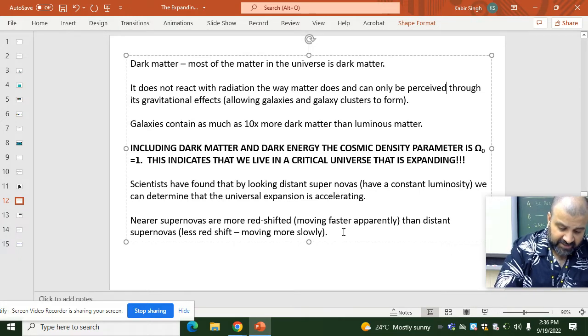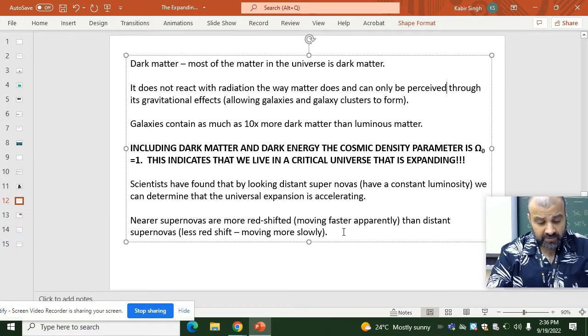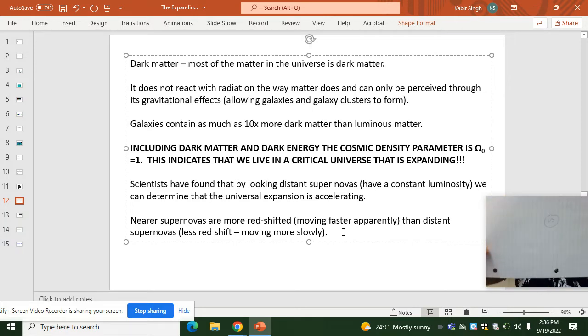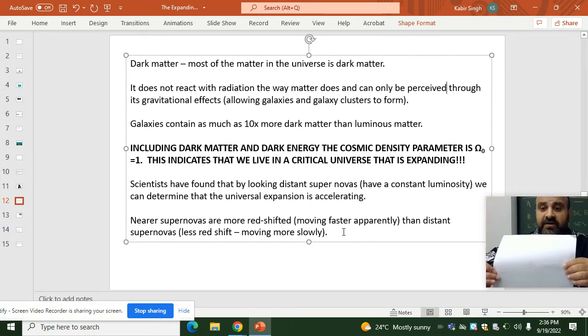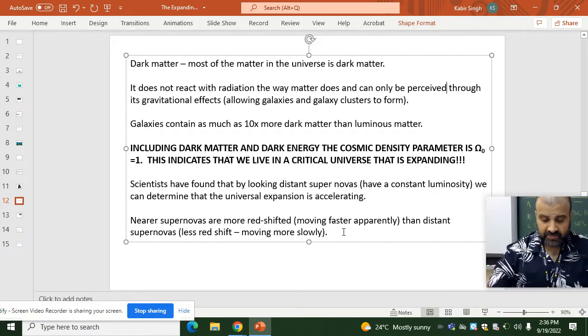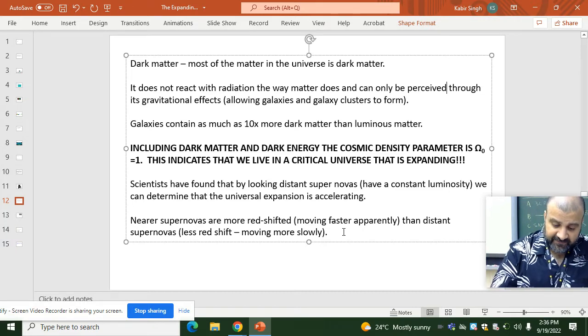So I'm just going to try and make a sketch here to help us understand. I don't know if it's going to work. There's us in the center of this piece of paper. It's kind of hard to align. Now, remember that light from far away.